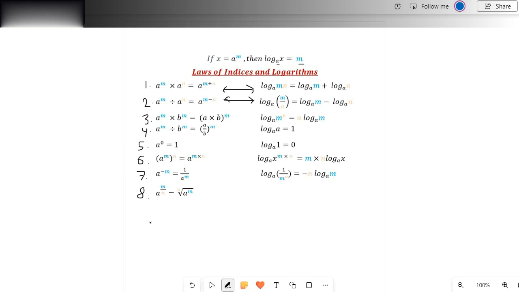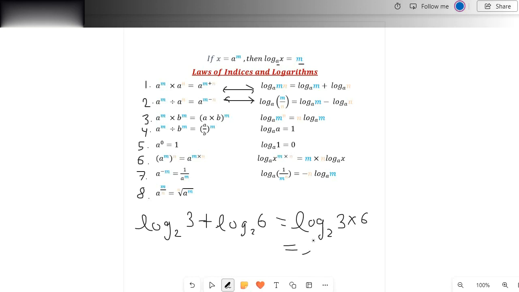An example for the first and second rule would be, let's say we had log base 2 of 3 plus log base 2 of 6, then we can multiply them according to the rule to get log base 2 of 3 times 6, which is log base 2 of 18.